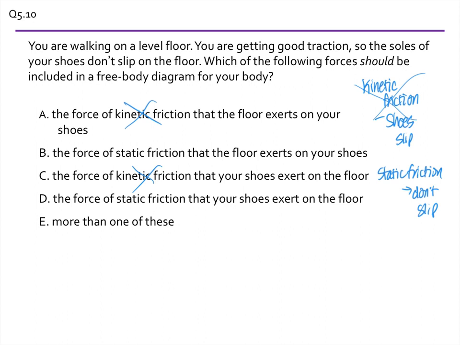It's asking what would be included in a free body diagram for your body. Well, that means it has to be a force acting on you. And that's why it would not be the force that your shoes exert on the floor, because that wouldn't go on your free body diagram. And so by process of elimination, but also because it makes sense, we choose answer B.